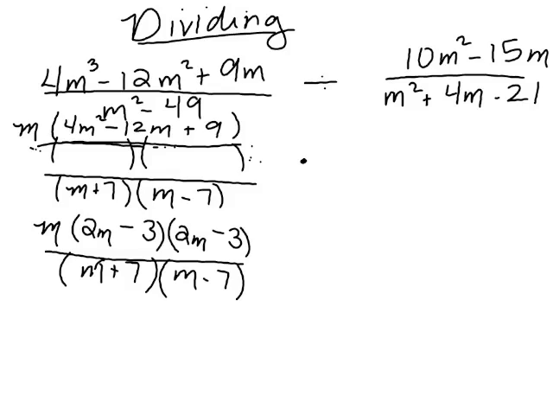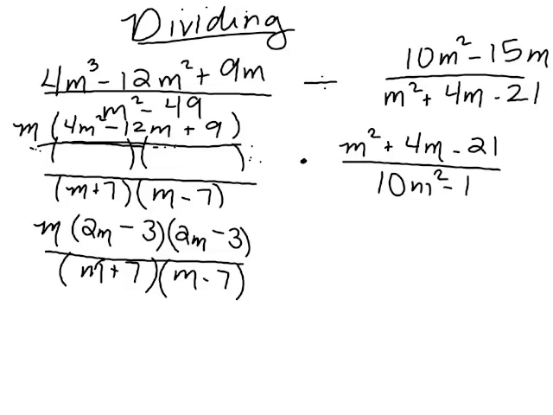Remember, we're dividing, so I need to flip this over. So I have m squared plus 4m minus 21 on top now, and 10m squared minus 15m on bottom. So divide, flips over, turns into multiply. So let's factor the top line. M times m squared.